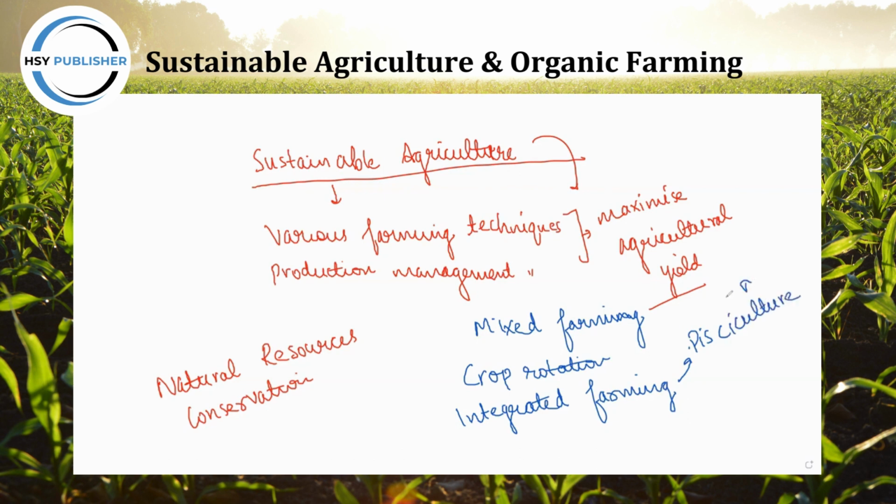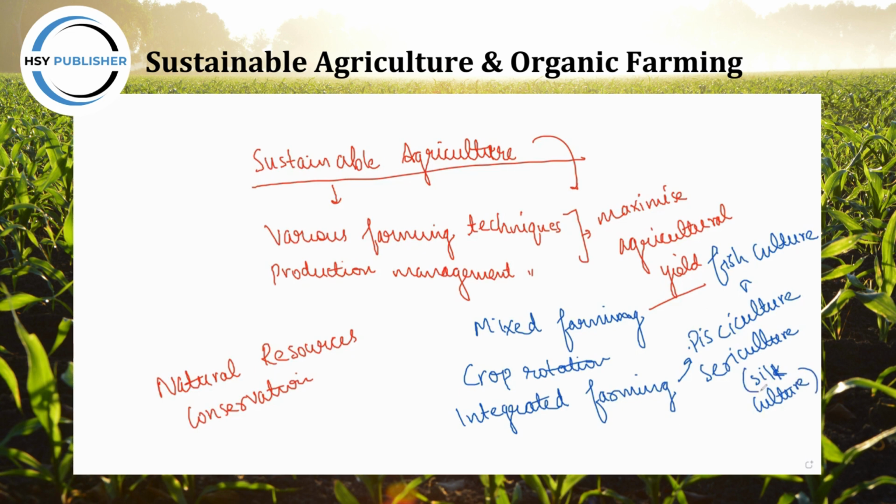Pisciculture is fish culture. We can go for sericulture, that is silk culture, in which we rear or cultivate silkworms and then obtain the silk.